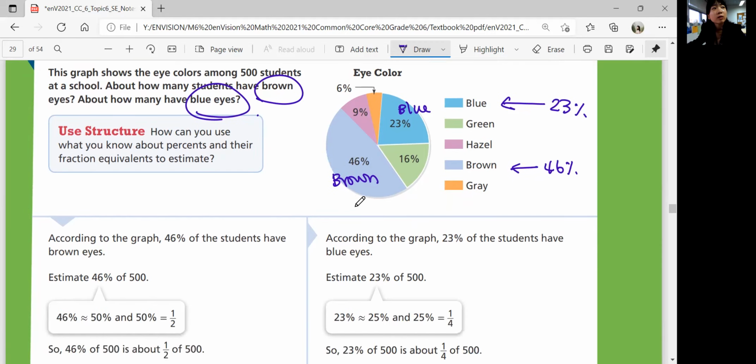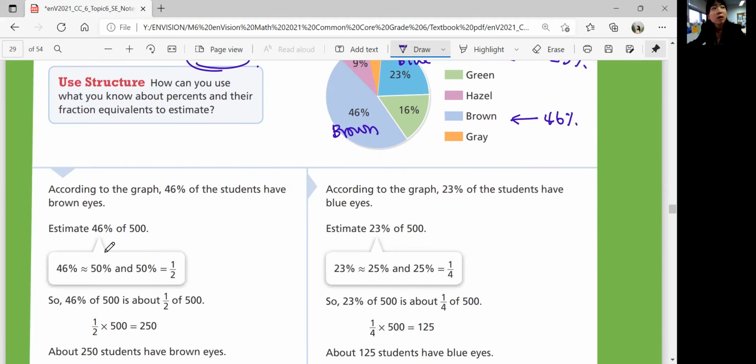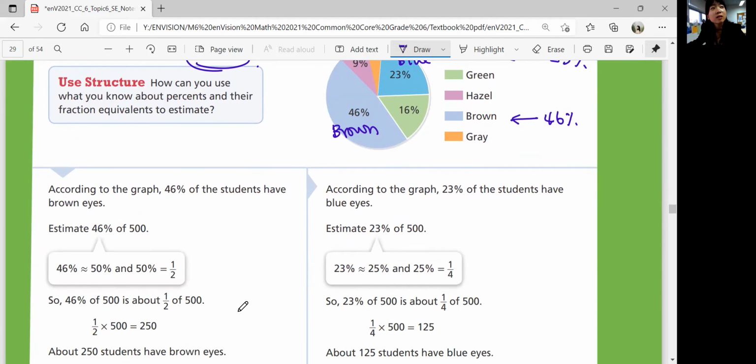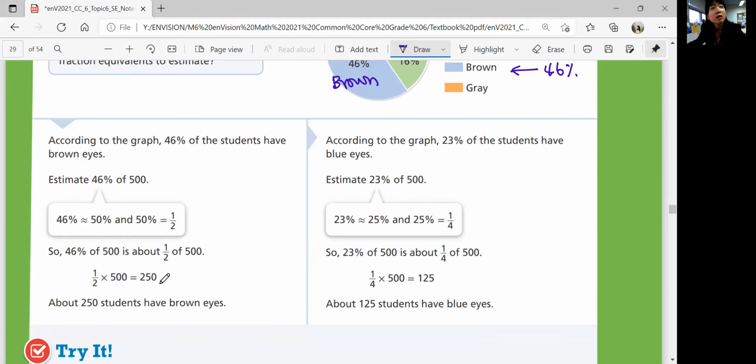So how can you write that as a fraction as well? 46%, you can estimate it as 50%, and about half of the 500 students is 250. So you can estimate about 250 have brown eyes.